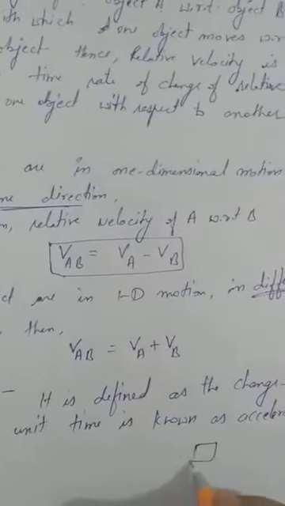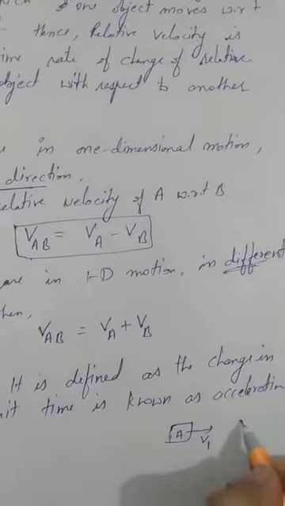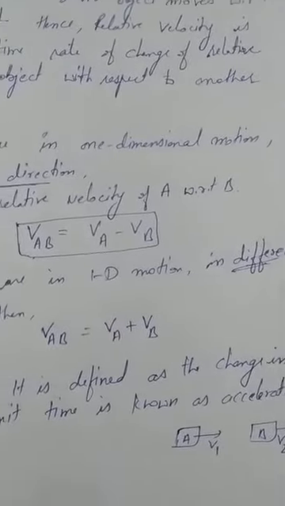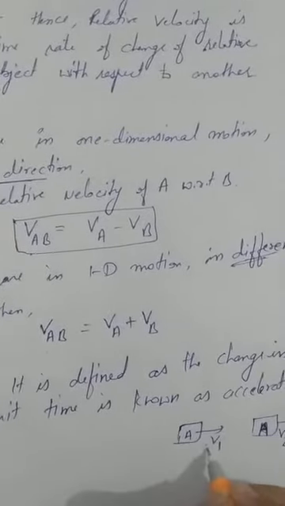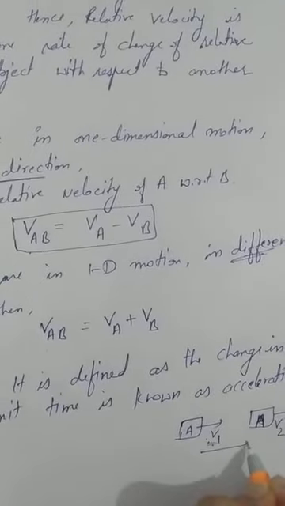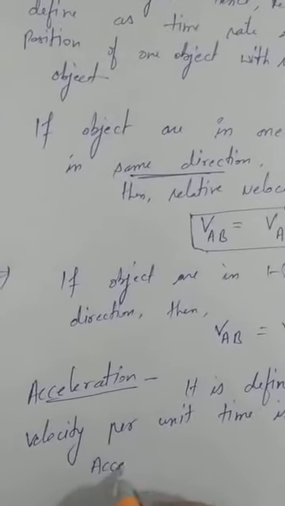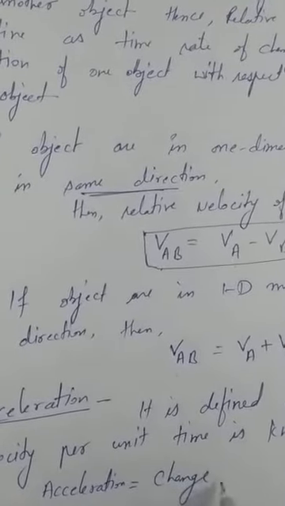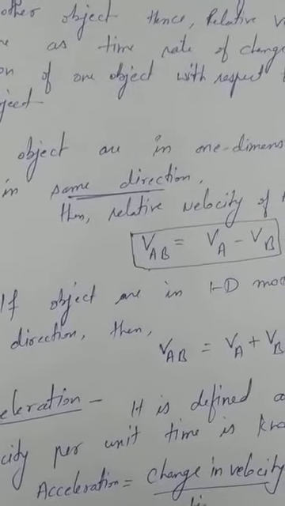Let us take an object with velocity v1, and the same object later with velocity v2. The velocity of this object is v1, and after time t its velocity becomes v2. Then acceleration is equal to change in velocity per unit time.